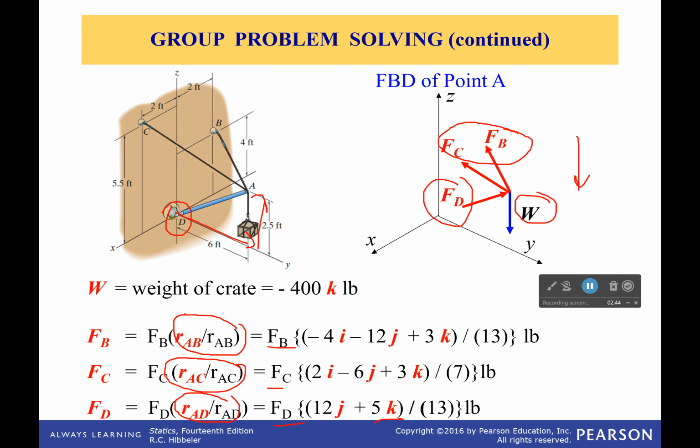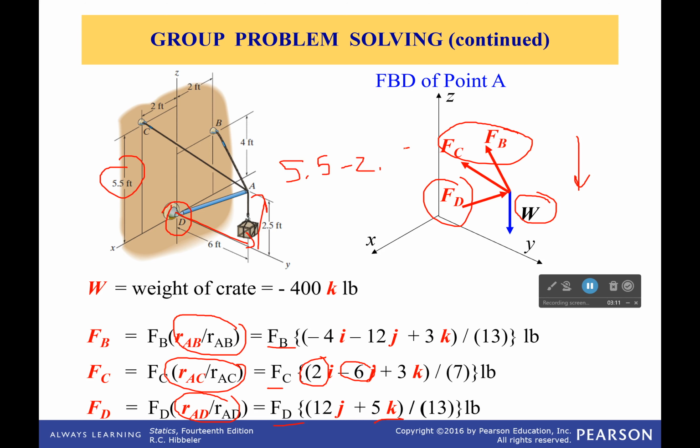So for the AC vector, it went 2 in the x direction. We have a positive 2 there. It went 6 in the y direction, or sorry, negative 6 in the y direction. So we have negative 6. And then went 3 in the z direction. Now you don't see that right away. You see a 5.5 here, but be very careful because it's 5.5 minus 2.5, not 5.5 just by itself.